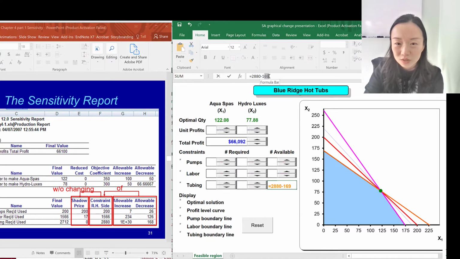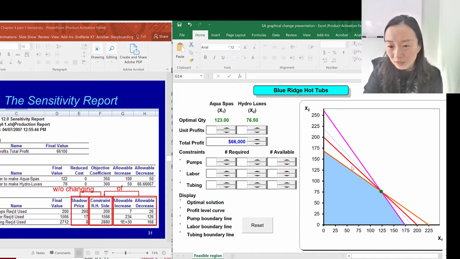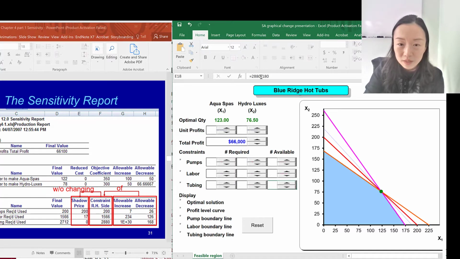Let me just do, for example, subtract 180. Do you see what happens? Currently, this orange line and the purple line are defining the current optimal solution.